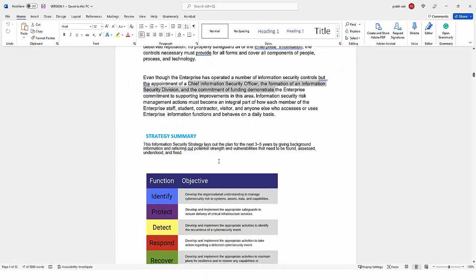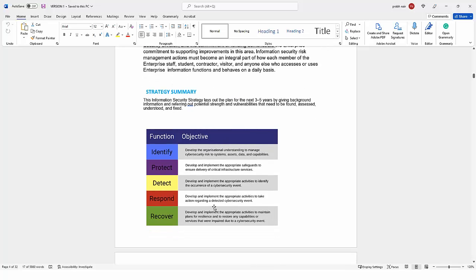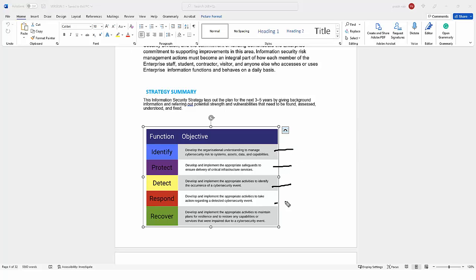Then we're giving a strategy summary, like the information security strategy lays out the plan for the next 3 to 5 years, giving background information, and this is high level. So here I have taken the NIST CSF reference, where I'm explaining in a sequence: first we identify, then we protect, then we detect, then we respond, and then we recover. And for each and every phase, we have sub security initiatives.